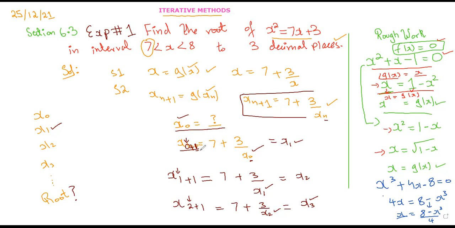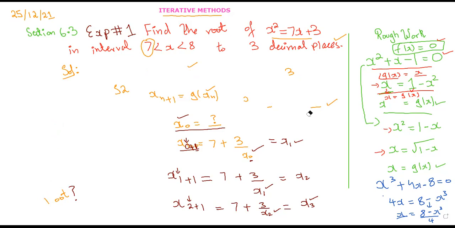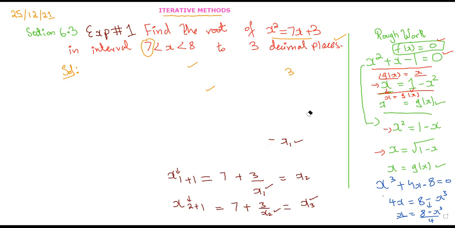So we need to basically apply the method now, and we are clear with how to apply. Okay, so we need space, so I'll rub everything. Now the question is that we need to find x0, x1, x2, and so on, such that we end up at our root. And this is why we use this method. Number one, what would your x0 be?